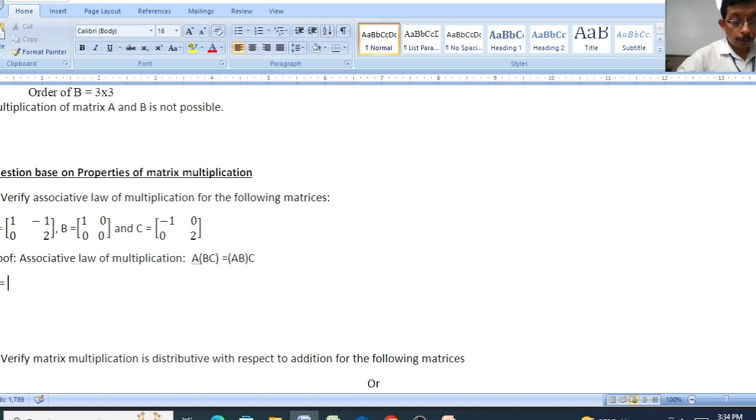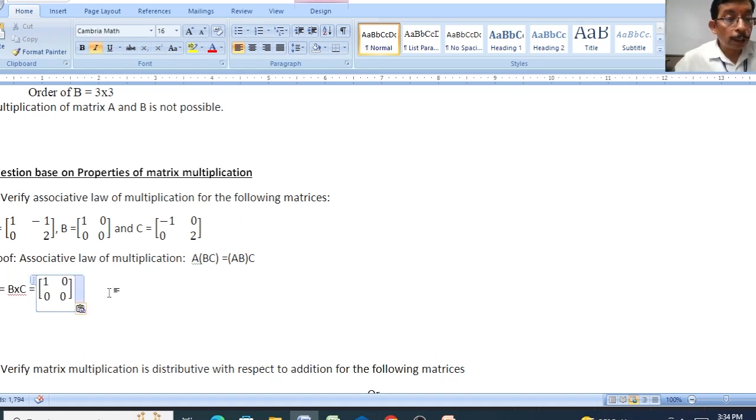BC is equal to B cross C. Note down the value of B, multiplied by C. BC is equal to B multiplied by C. First we check the number of columns in the first matrix is 2 and the number of rows in the second matrix is also 2, so multiplication is possible.